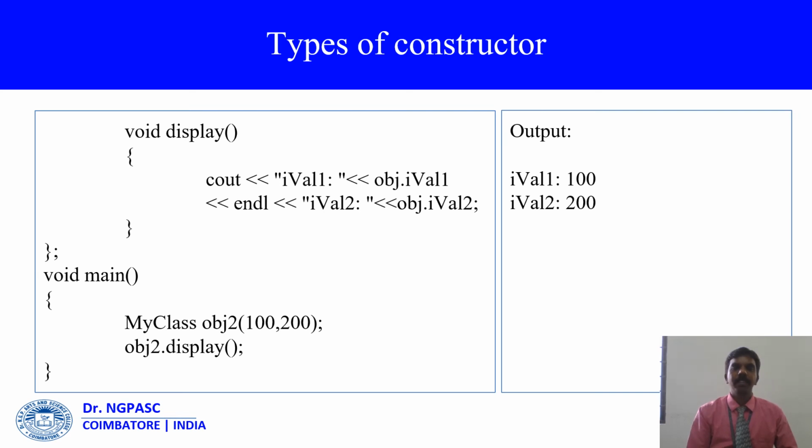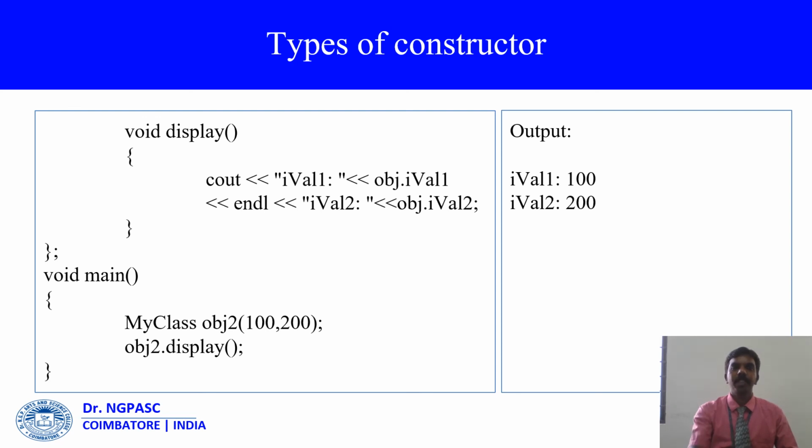Inside the main function, we instantiate the class, and the name of the instance we used is obj2, and that statement contains two arguments, 100 and 200. So here a matching constructor is searched.